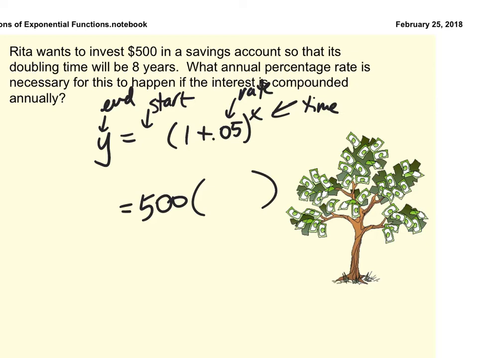The doubling time will be 8 years. Didn't that tell us both a time and an amount? So the time will be 8 years. And the amount you'll have, if it doubles, is what? 1,000.